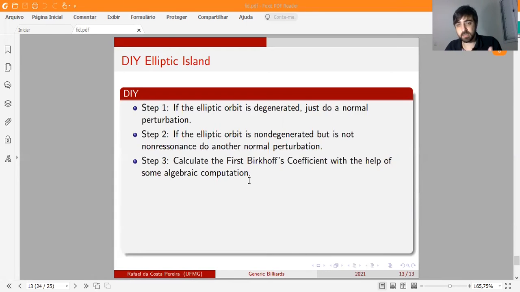We do some algebraic computations to help us get a nice expression.